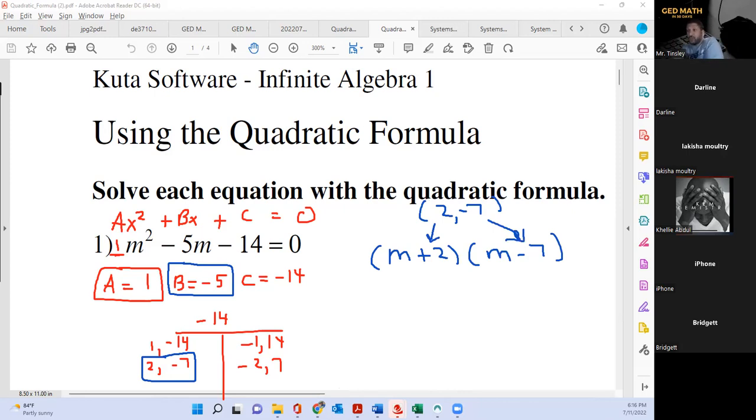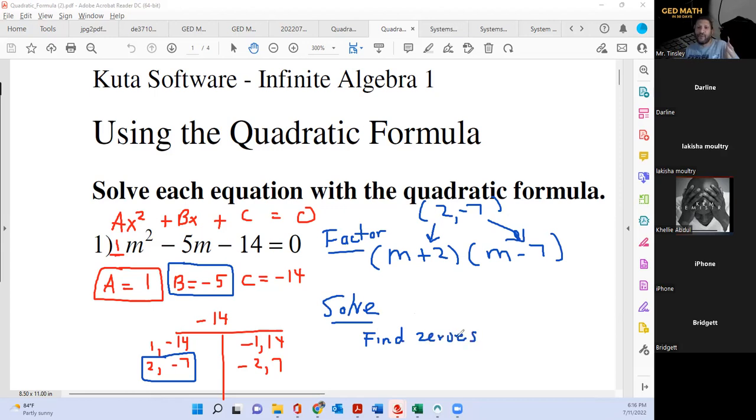So m plus 2 times m minus 7. Now this is how you factor a quadratic equation. The reason why you factor is so you can solve it. It's easy once you factor a quadratic equation to find the zeros. You must find the zeros.